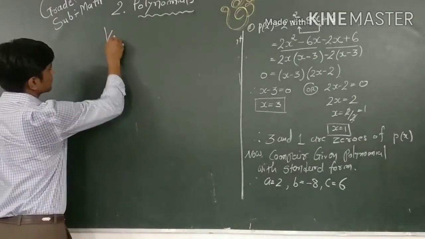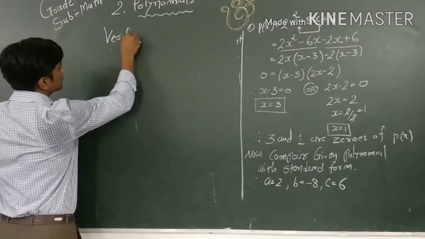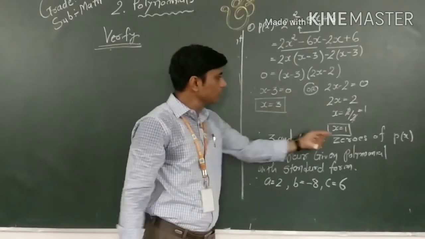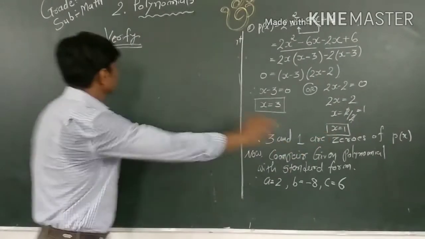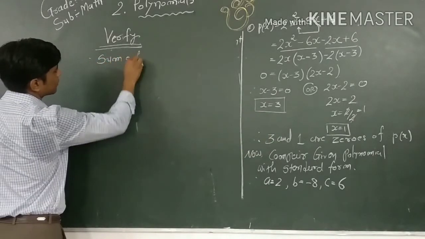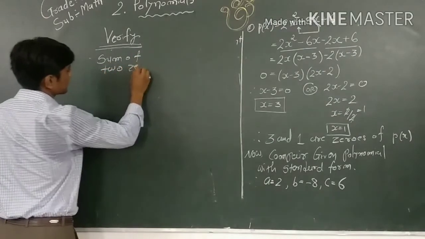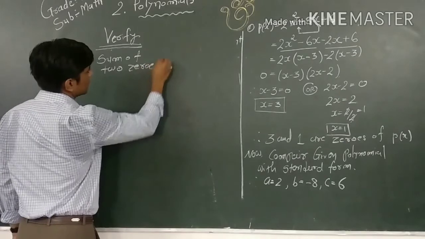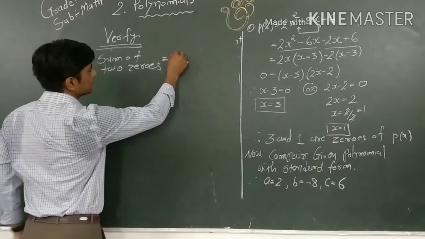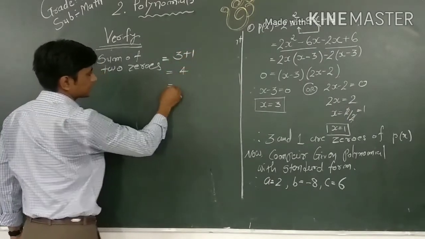Now we calculate the sum of the two zeros. The sum of two zeros is equal to, our zeros are 3 and 1. Therefore, add them. 3 plus 1, that means 4.